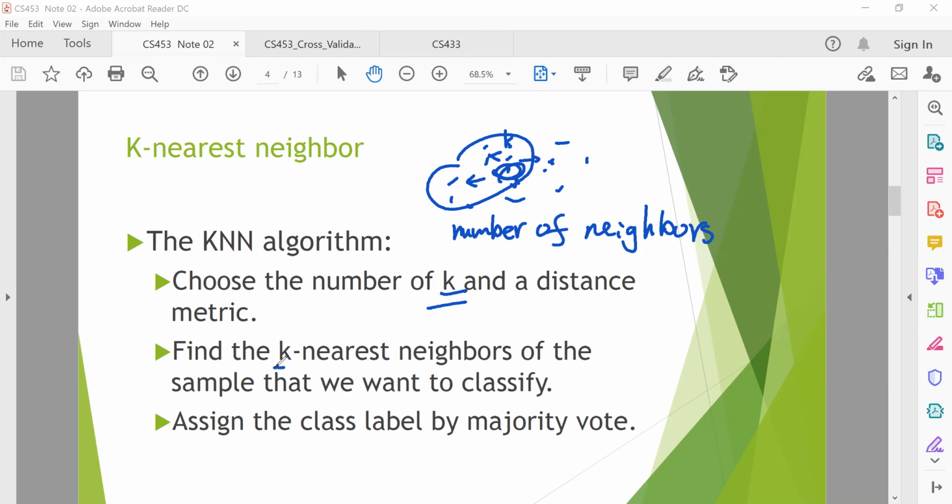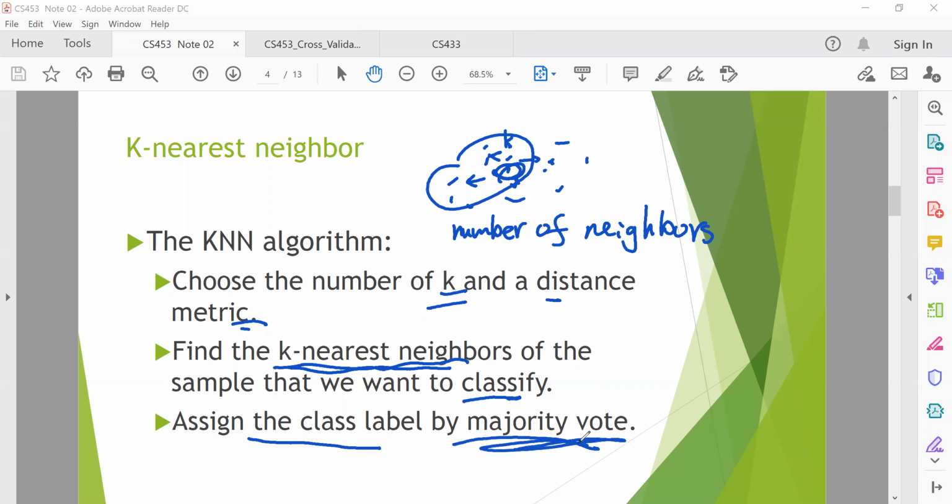And then it says find K nearest neighbors. So based on a certain distance metric you define, you're going to find the K nearest neighbors of the sample that we're going to classify. And then you assign the class label by majority vote.